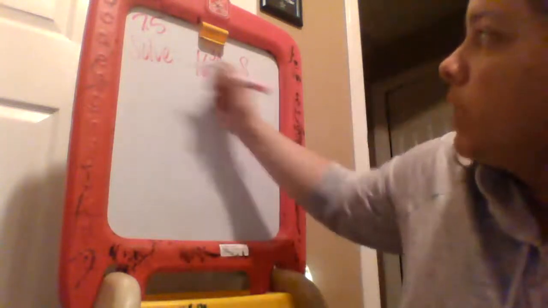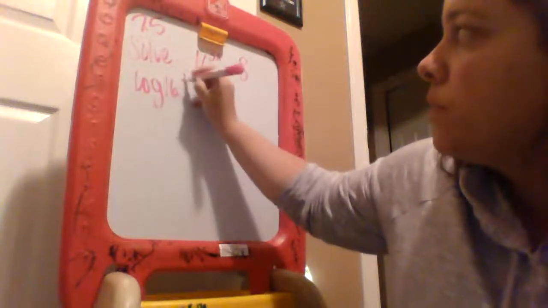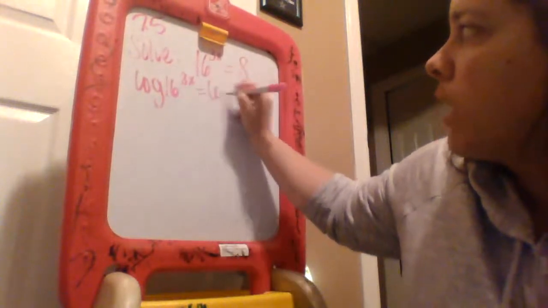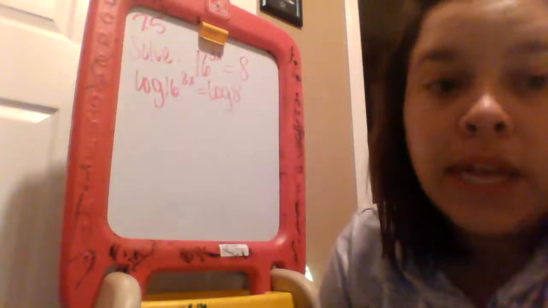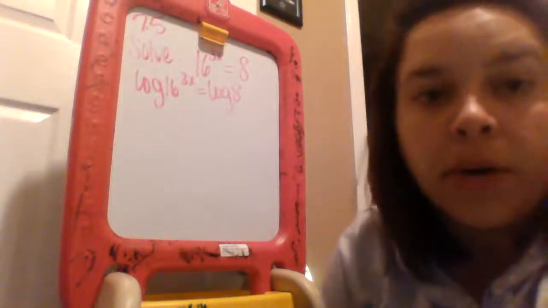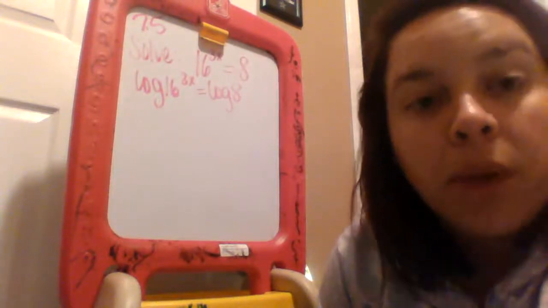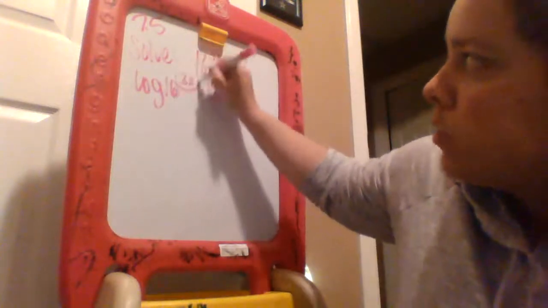So I'm going to log both sides, just rewriting both sides with the log. Now, when I do this, the power property comes into play. The power property says that if you have a logarithm and you have an exponent, you can drop that out front of the log.